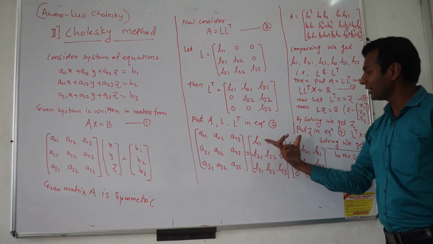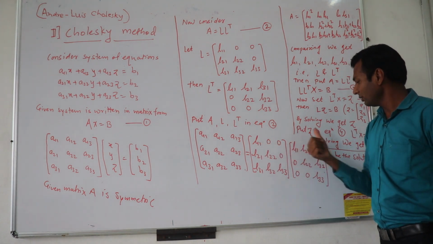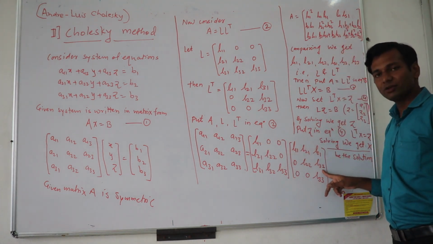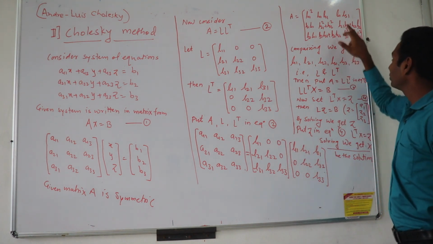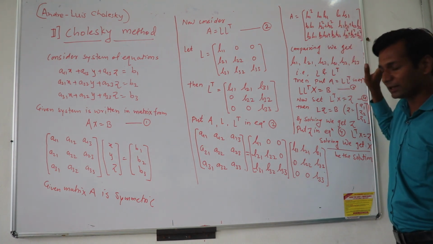Now the third element, first row, third column: L11 into L31 gives L11 L31, then 0 into L32 is 0, plus 0 into L33 is also 0, so we get L11 L31 as the first row, third element.